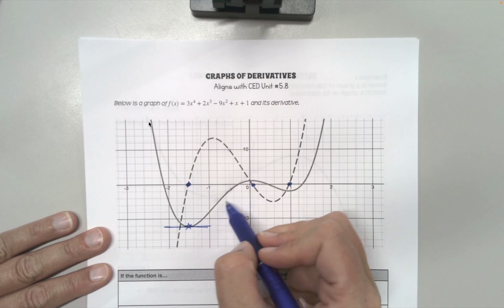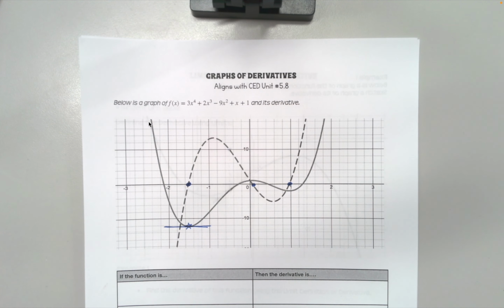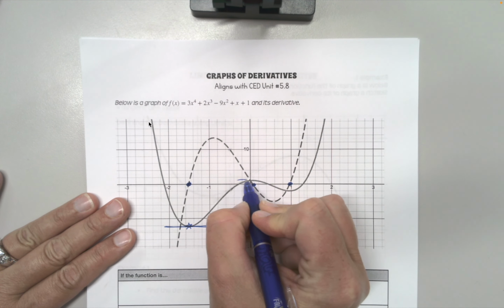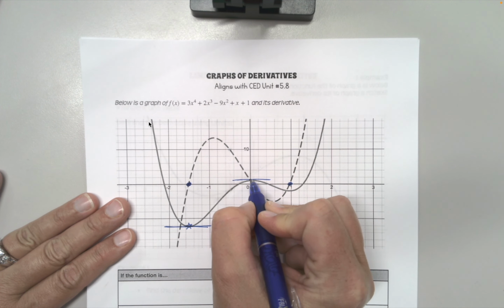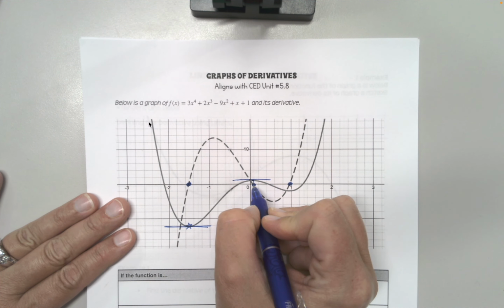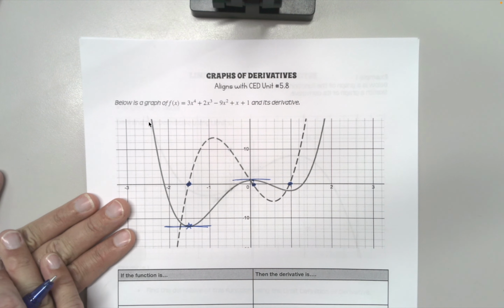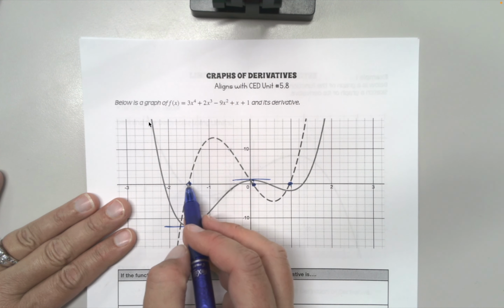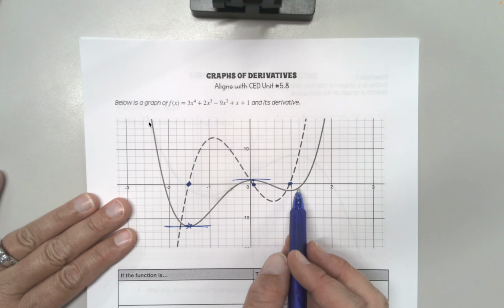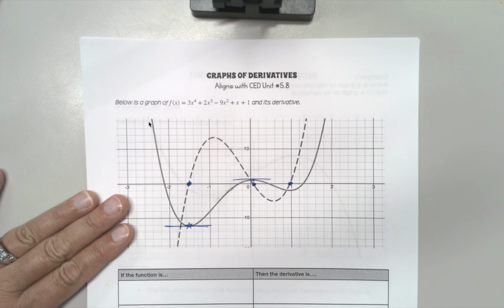Anywhere you've got a bump like that, and that's going to happen anywhere you have a maximum or a minimum value, like right here, I would have a horizontal tangent line. And so that point where that horizontal tangent would be, actually it looks like it's moved over just a little bit, but that's representing a 0 derivative. Okay, so anywhere my derivative is equal to 0, what I'm seeing in the original graph is that it's changing direction, that I have a local max or min.